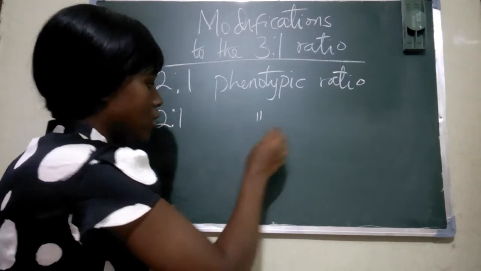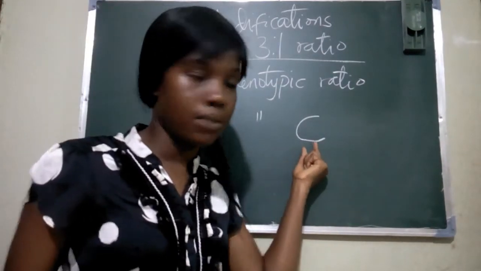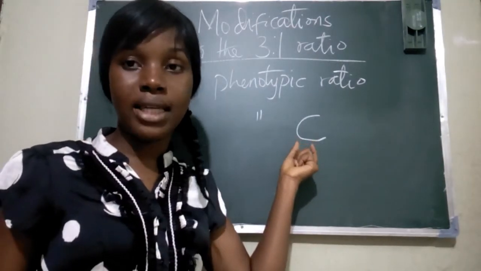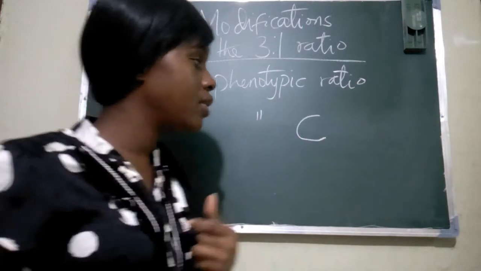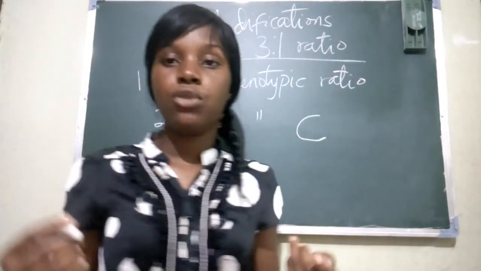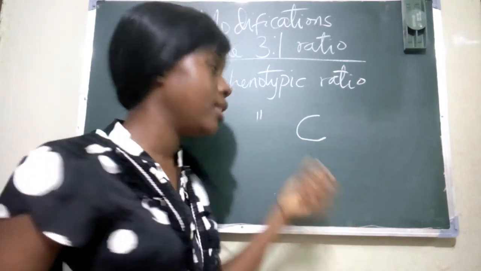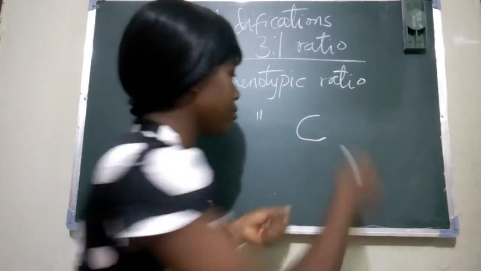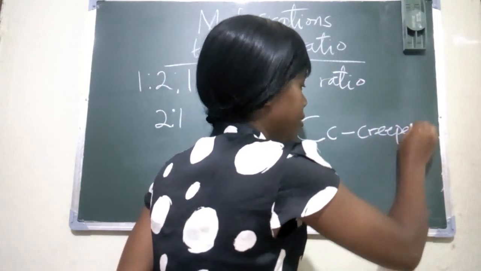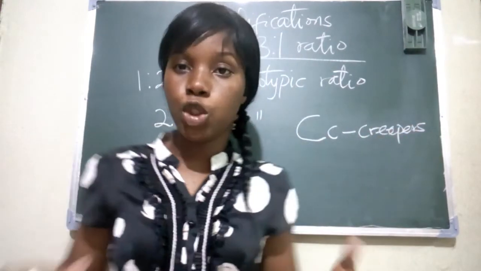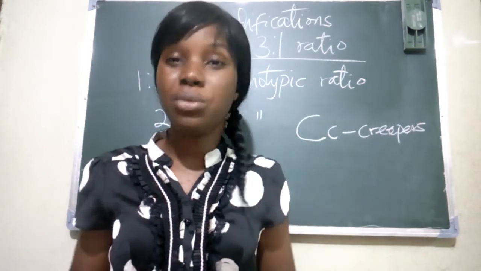So that is denoted by an uppercase C. And like I told you, it's a dominant allele. This allele gives rise to the kind of chickens we call creepers, that is in their heterozygous form. They have short and crooked legs and are of little or no value.